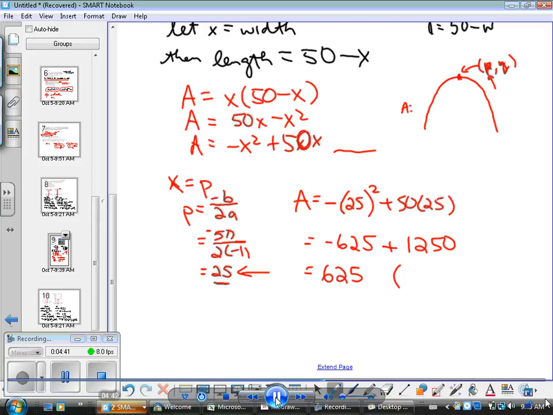The x-coordinate is the width and the y-coordinate is the area that results. The other thing you could do is use the little formula for Q that we came up with in the lesson.